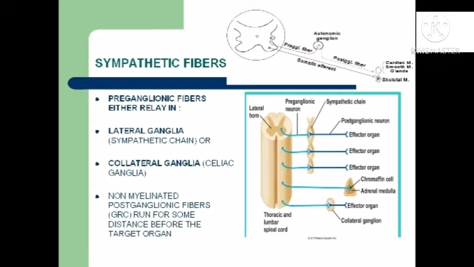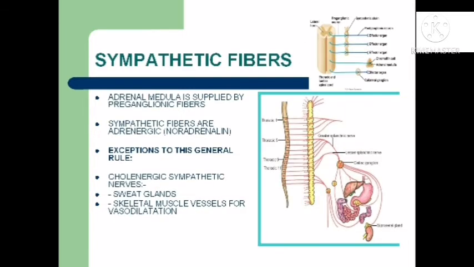A third option is there is no ganglia in the way and the fibers go directly to an organ called the adrenal gland, and end upon the adrenal medullary cells, from where they release the hormones adrenaline and noradrenaline.